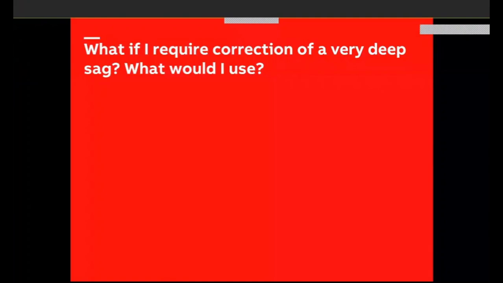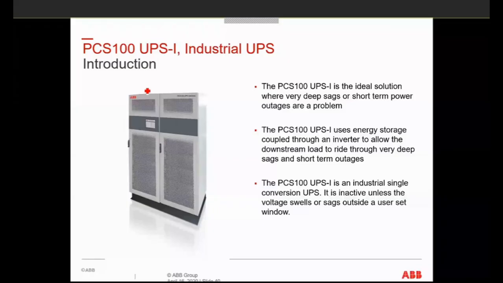You do not need to multiply it by 3 or 6 if you have a motor load. So if you have any industrial equipment like robots or welding machines, or let's say a conveyor system that you need to protect from a power quality issue, right? And it just so happened that you are installed in a facility or an environment that has a frequent 30% remaining voltage, then this is the best solution for you.